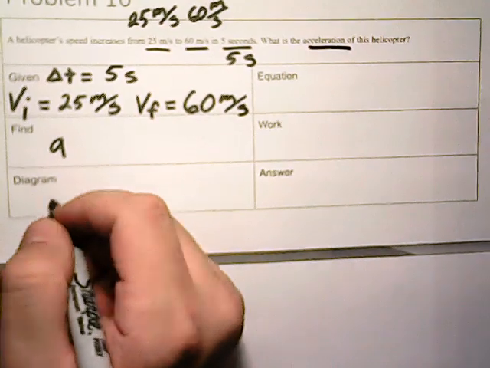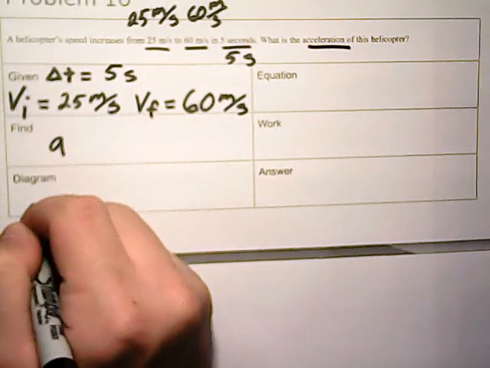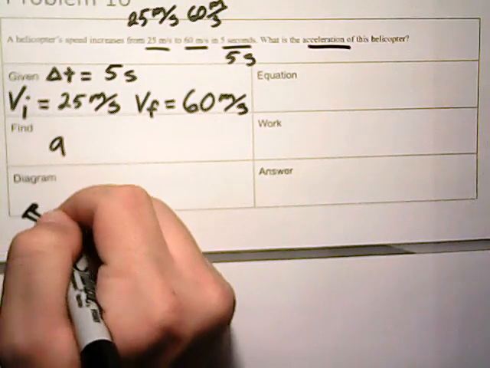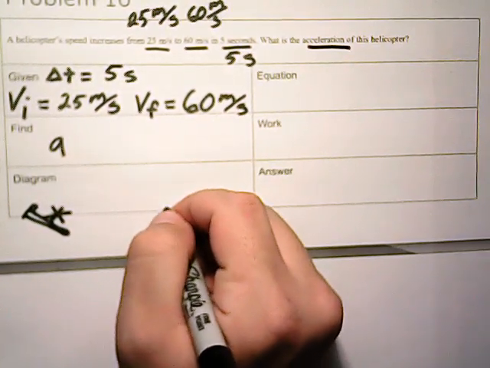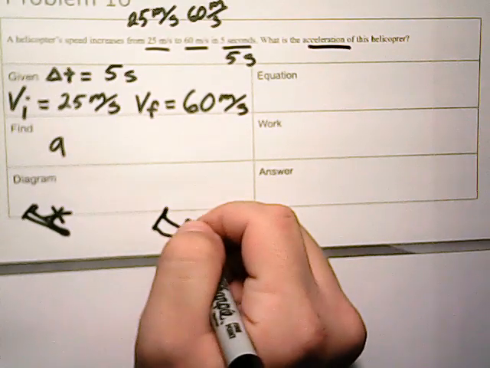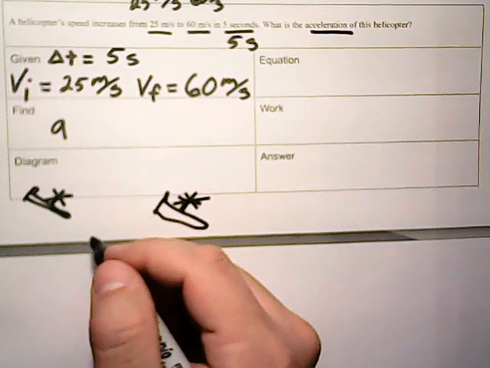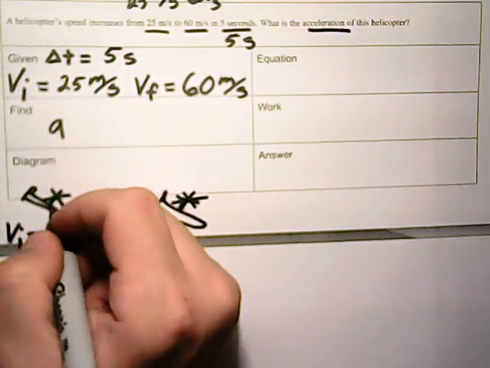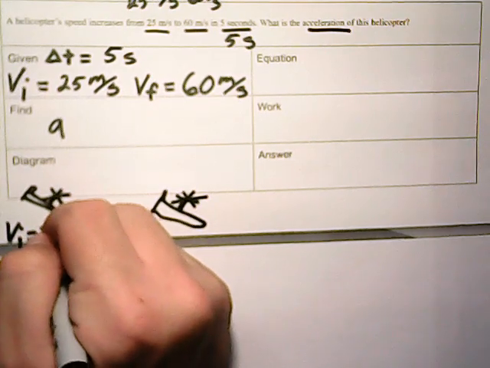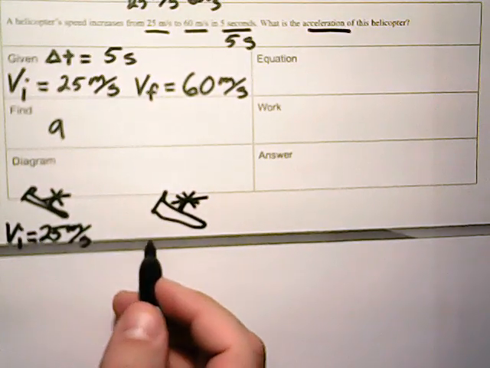For our diagram, we have a helicopter. When helicopters fly, they have to point a little bit forward. So those are our two helicopters. The initial velocity of the helicopter when it starts to accelerate is 25 meters per second.